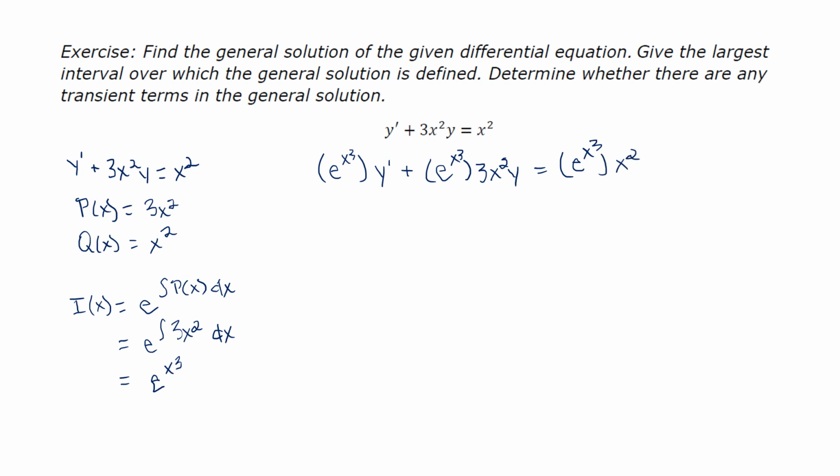Okay. All right. Next, we are going to simplify the left side.